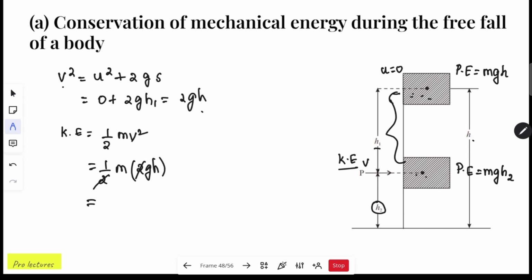I missed h1. So we get the kinetic energy as mgh1.